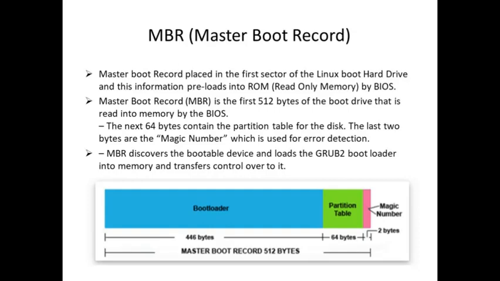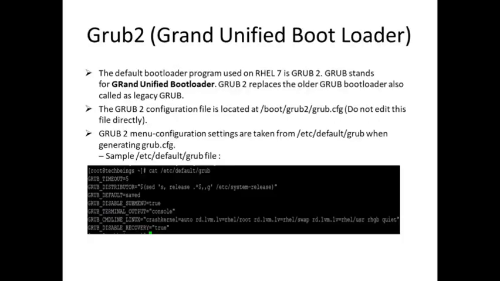If something is wrong, then it will give a no. So this is how the magic number is used. 512 bytes are divided into these 3 parts, so this is what you have to remember. MBR discovers the bootable device and loads the grub2 bootloader, and now the control is with grub2.